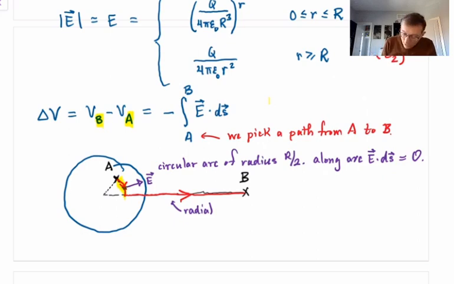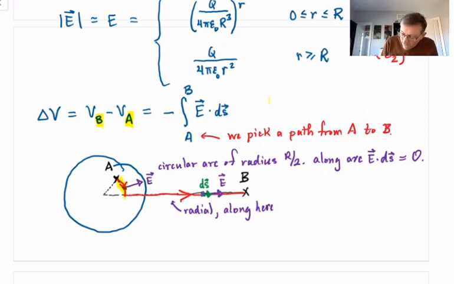Okay? Along here, let's pick a point. How about right there? Then the electric field vector points radially away from the center. So there's the E. And the ds is also radially away, because as I travel out to point B, that's the direction I have to step. So the E and the ds are parallel.